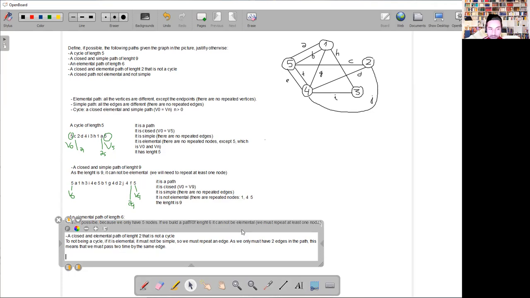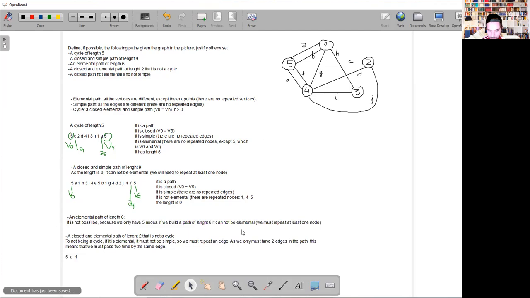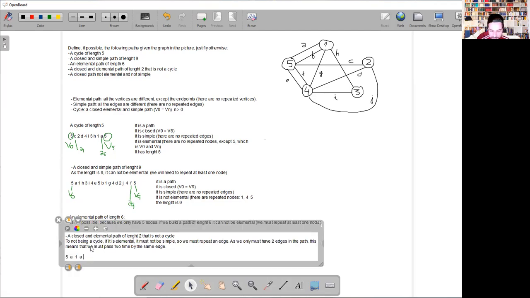So this is the way of building what they are asking for. So we can, for instance, start at 5, go to 1, and come back to 5 by A again, right?